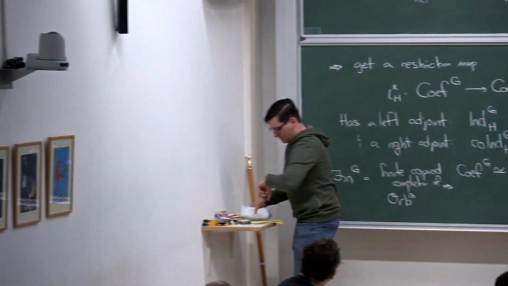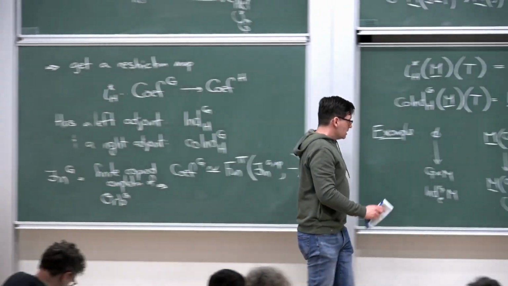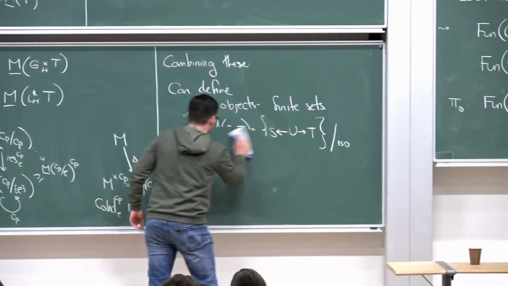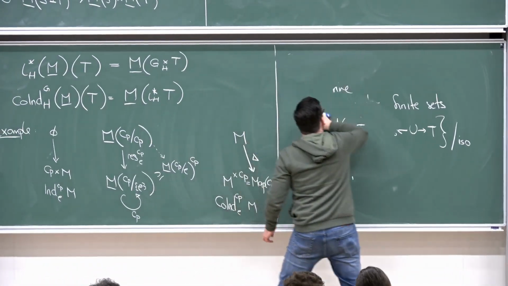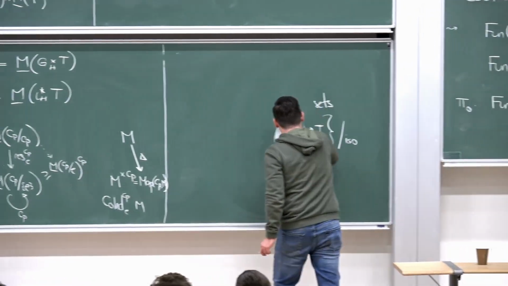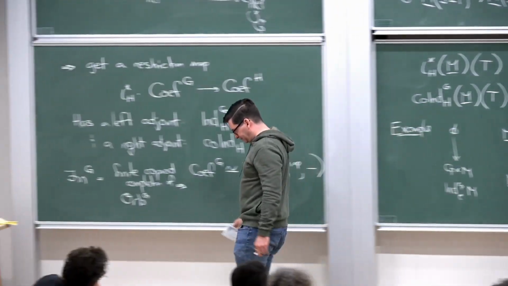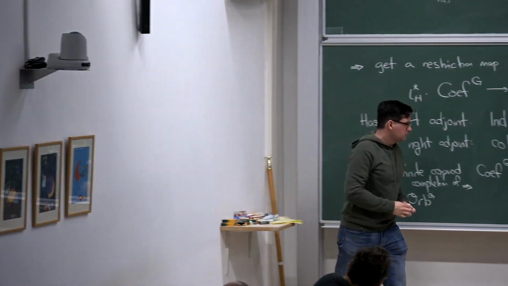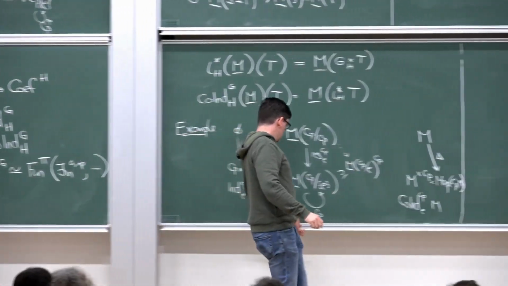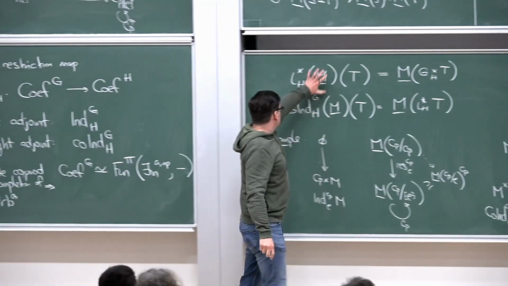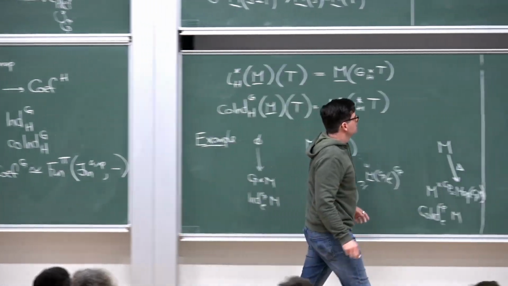So when I talk about instead things like G-commutative monoids, what I want to do is take this functor that I've written down, and actually I'll do a little more. I can build out of these an endofunctor.